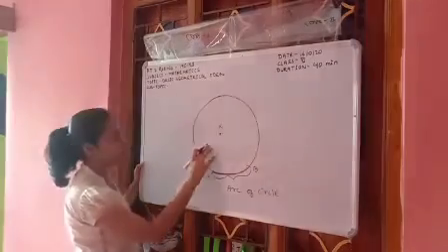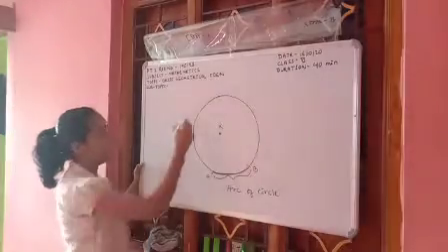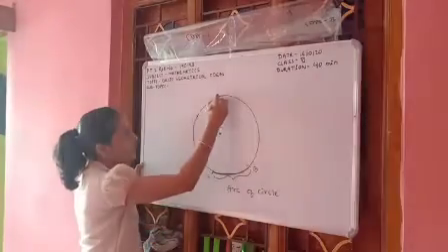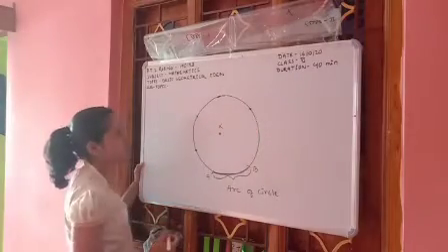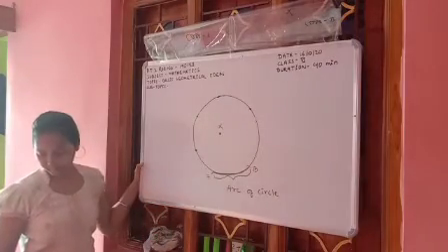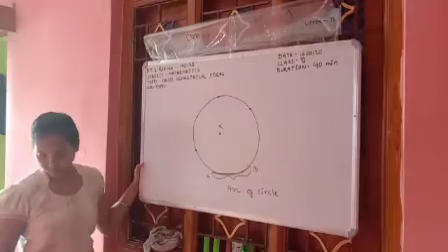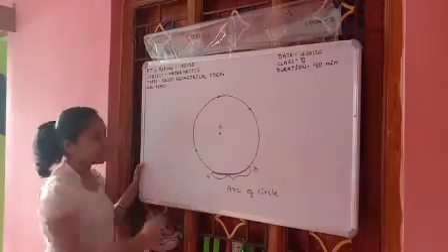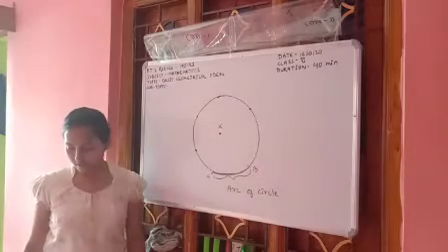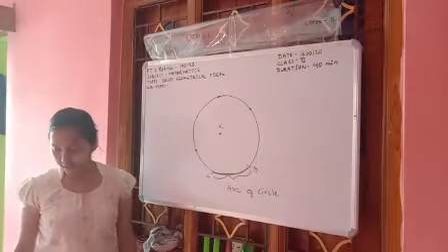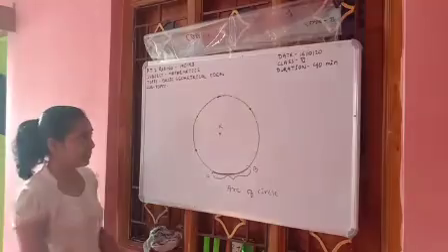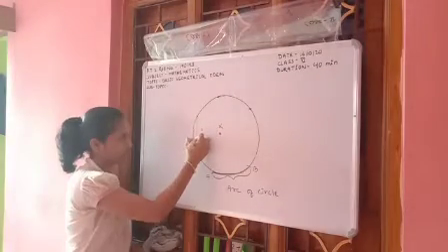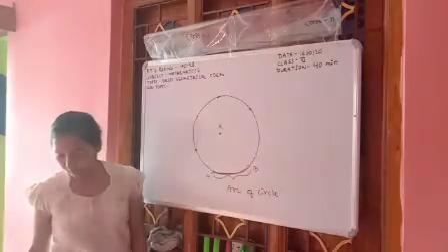Then what we do? Please draw a line segment by joining any 2 points on the circle. Join it. Yes, a line segment, like this.